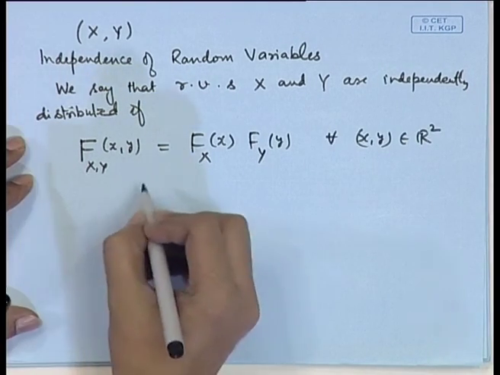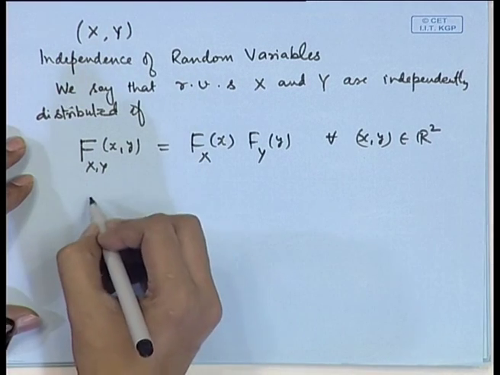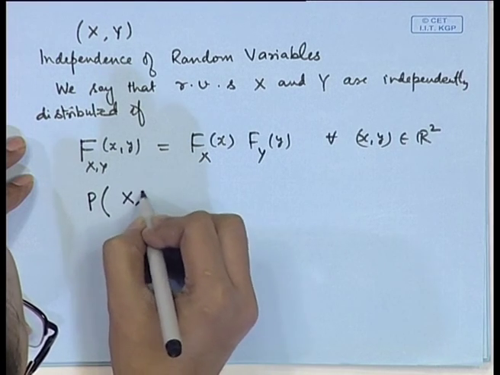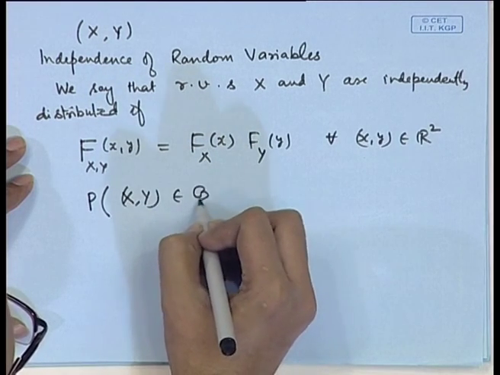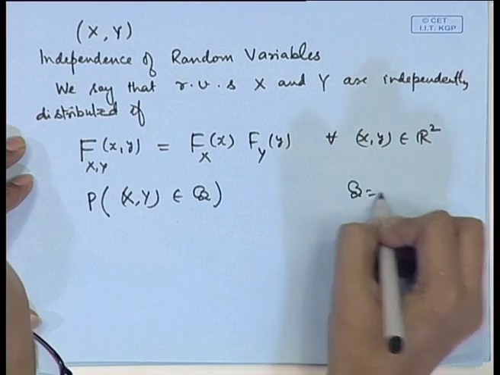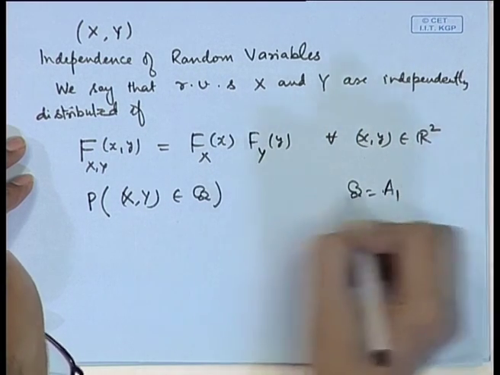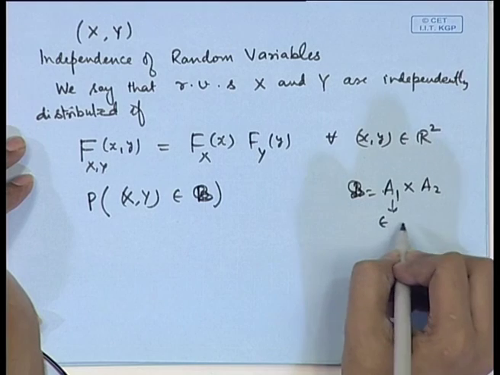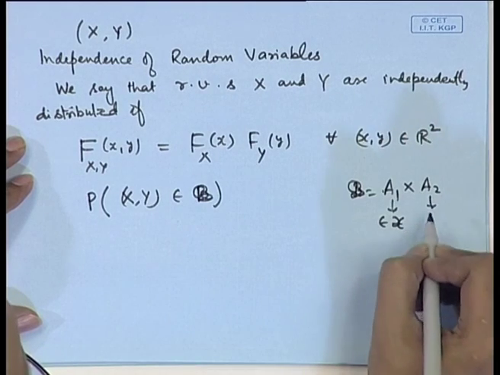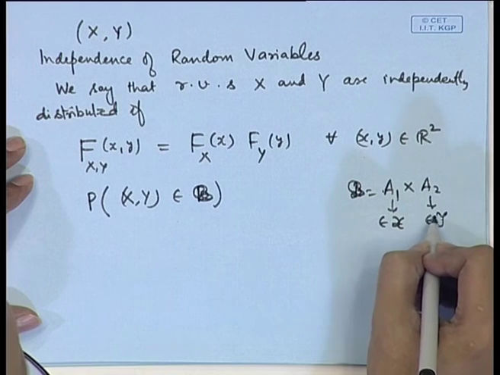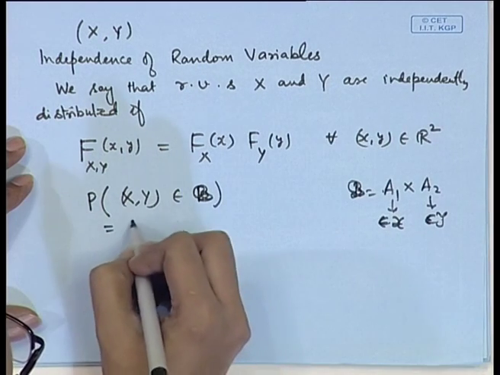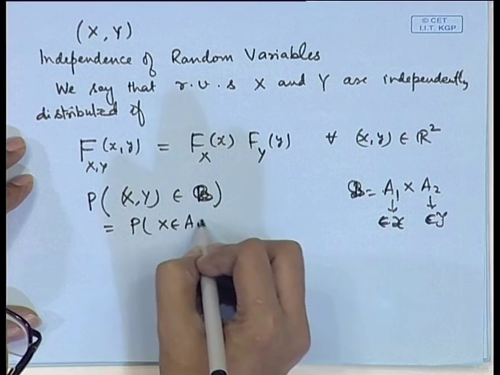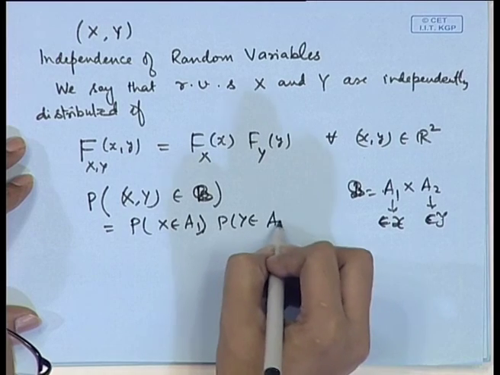So, basically, if we do not make use of the CDF, we should be able to say that if we are considering a set B in the two dimensional plane which can be expressed as a product of two sets A1 and A2, where A1 is in the space of X values and A2 is in the space of Y values, then the probability of B should be equal to probability of X belonging to A1 times probability of Y belonging to A2.